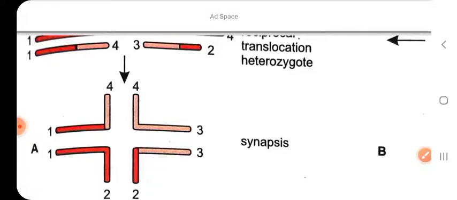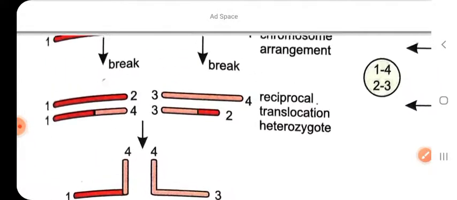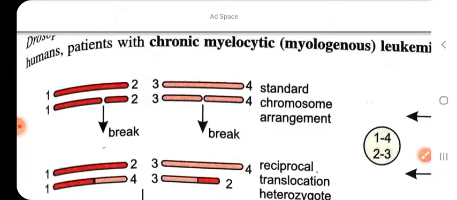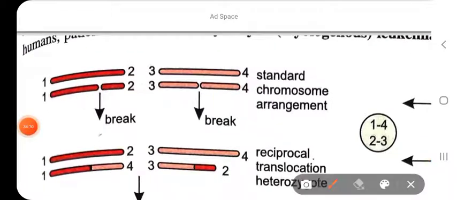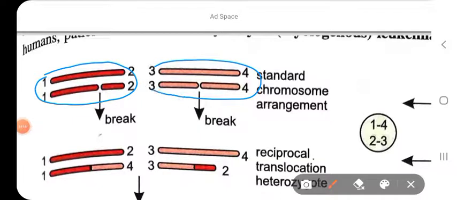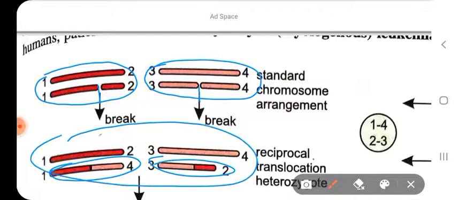See the normal chromosomes; these are the standard chromosomes. A break occurs. Obviously, for heterozygous reciprocal translocation, one break has to occur in each of the homologous pair of chromosomes, and they exchange their parts. So now it becomes a reciprocal heterozygous translocation.